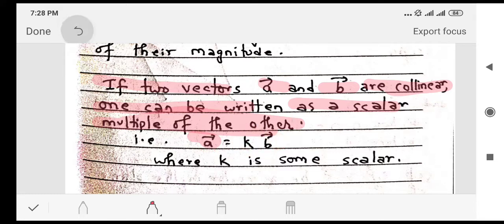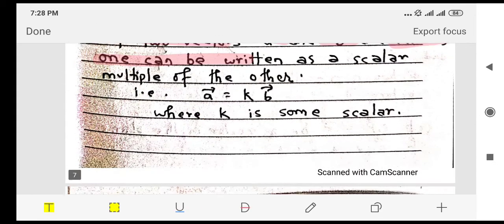Similarly you can write vector B equal to k times vector A, just the opposite of that. So we can write this in case vector A and vector B are collinear. If they are not collinear, then we cannot write in that format.